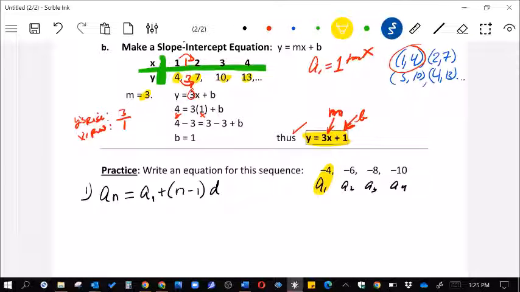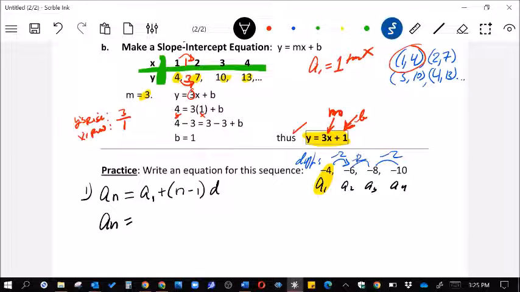We find the common difference by thinking how much to go from one term to the next. So -4 plus a -2 makes -6, plus another -2 is -8, plus another -2. So that's the difference. Now let's plug those two things in here.